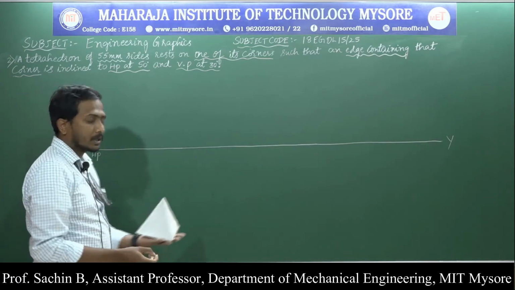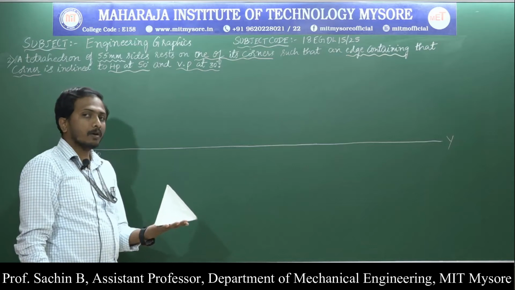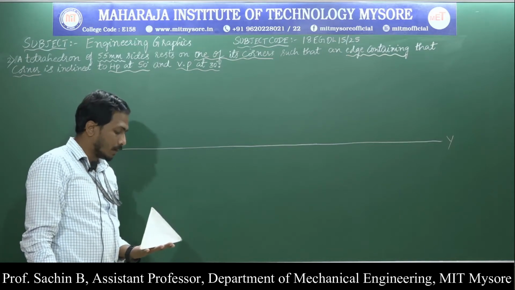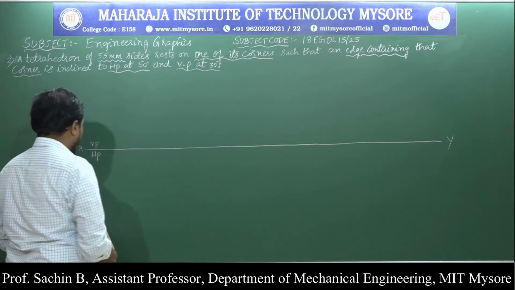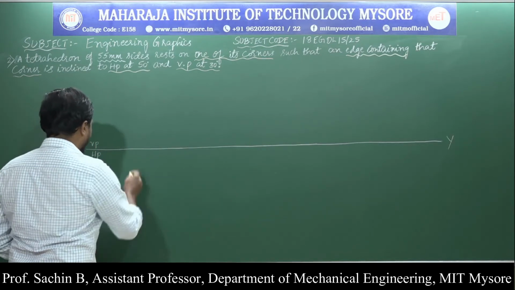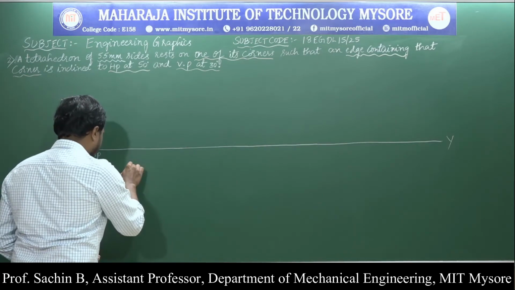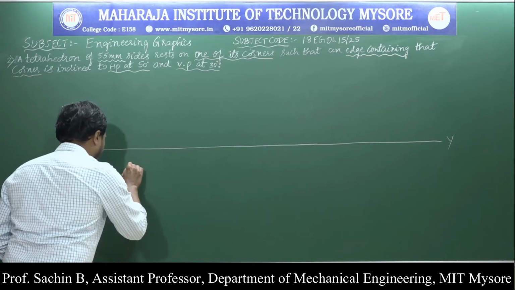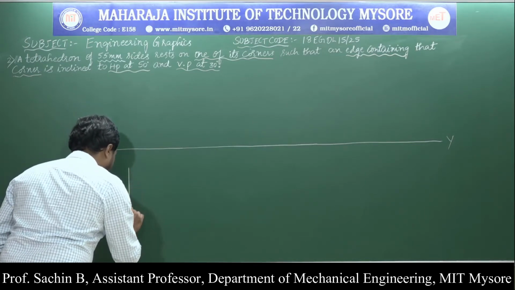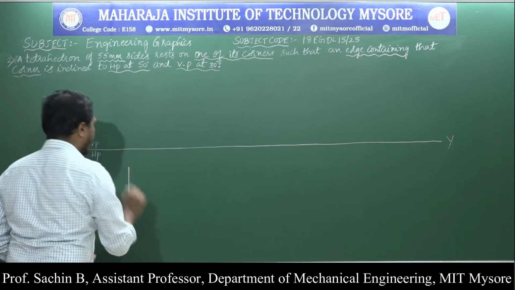Now I am going to construct the tetrahedron resting on a corner. If I look from the top view, the object will look like a triangle. First I will draw the dimension of 55 mm, the edge length of the tetrahedron.